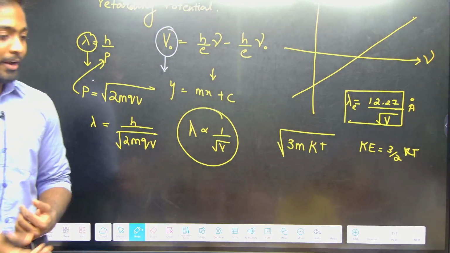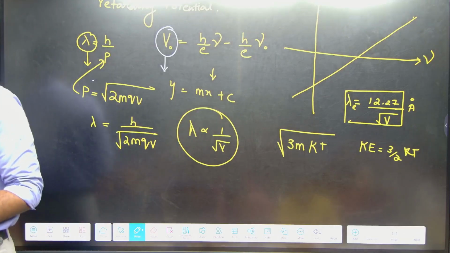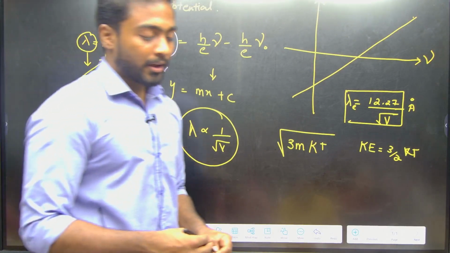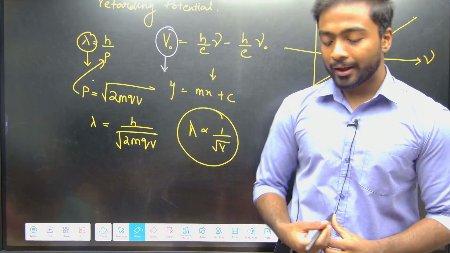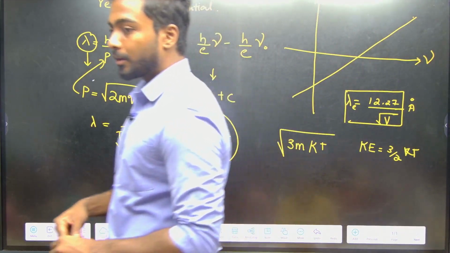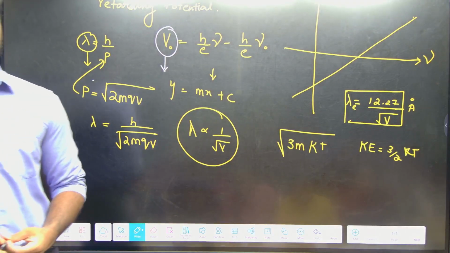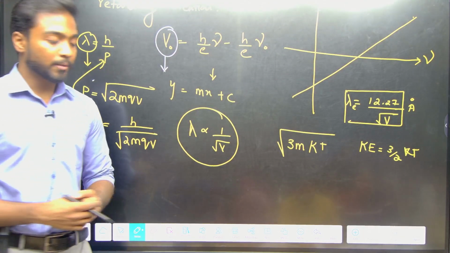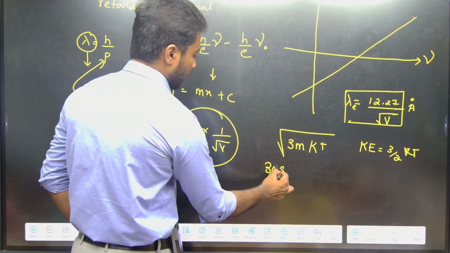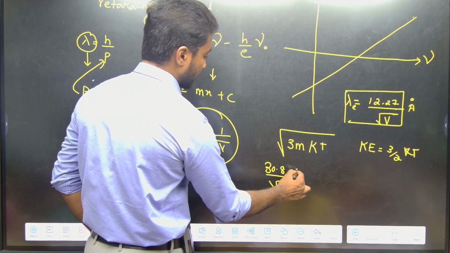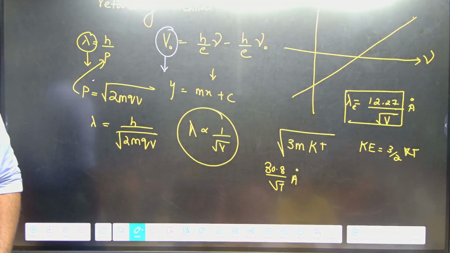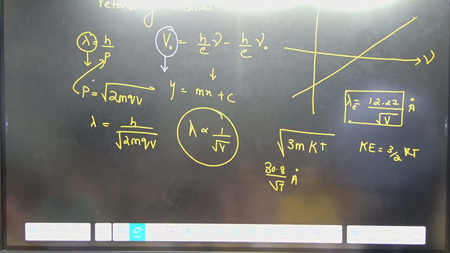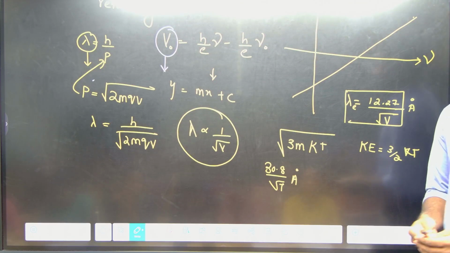The direct value for neutron is lambda is equals to 30.8 by root T. It is not V, it is root T. 30.8 by root T, that also in Angstrom only.